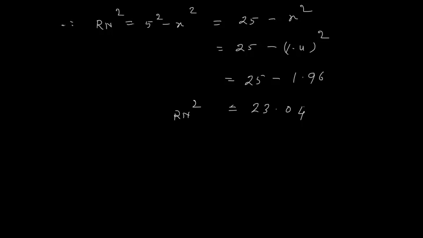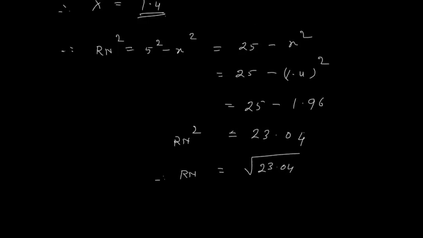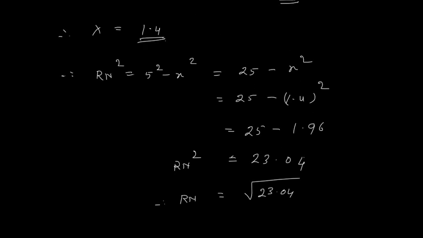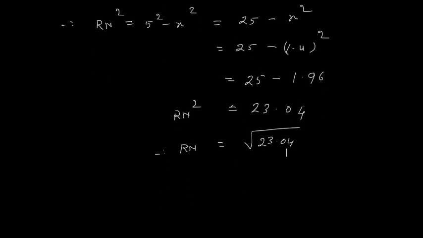So the value of Rn is equal to the square root of 23.04. Now we have to take the square root of 23.04. The value of x is 1.4 and the hypotenuse is 5, so it is definitely going to be less than 5. 4 4 is 16, so 4 point something; we can say 4.8, since 8 8 is 64.